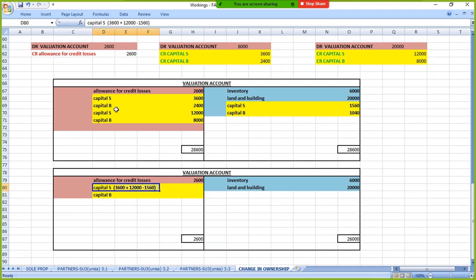Do you see why? It's this amount plus that amount minus that amount. Do you see it? Yes. Same for Bob. So it doesn't matter how you do it, as long as the working account works itself out.